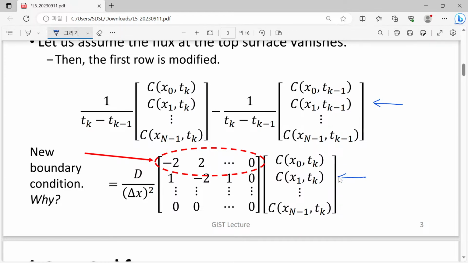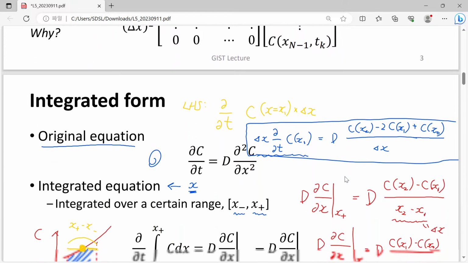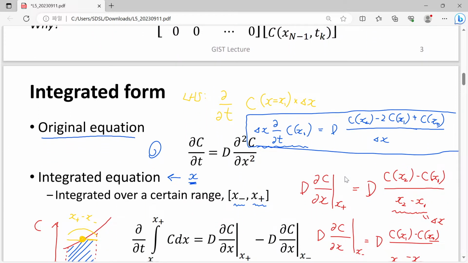The second law is here because we are talking about the equation evaluated at x equal to x1, and that corresponds to the second law. What is the difference between our current implementation and our newly derived equation?